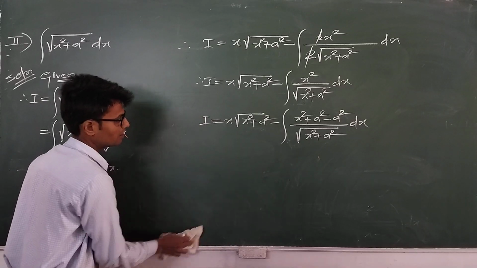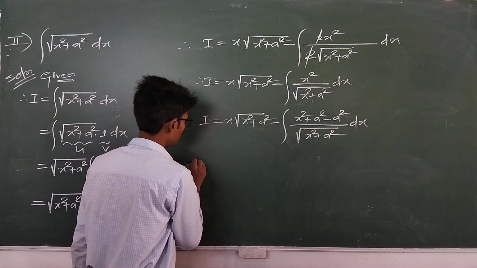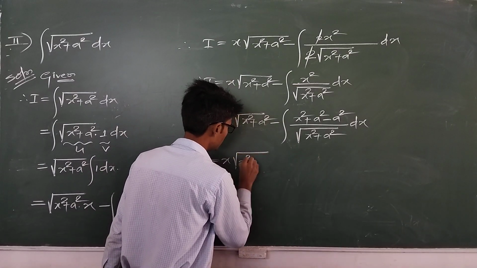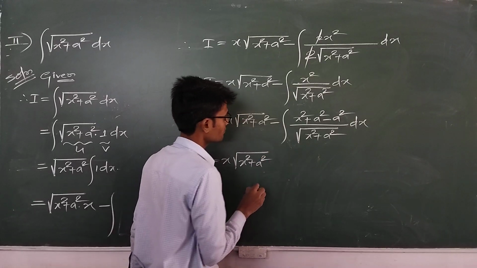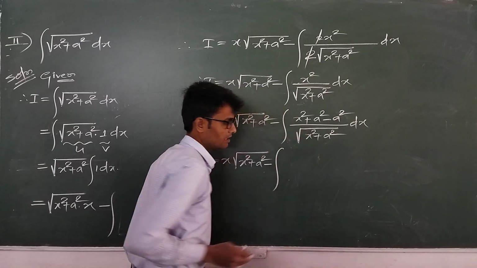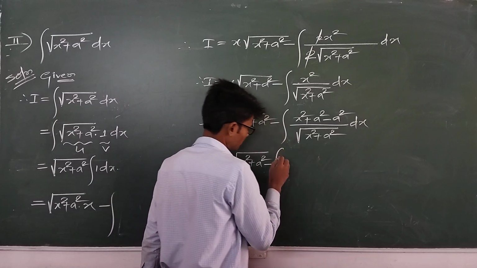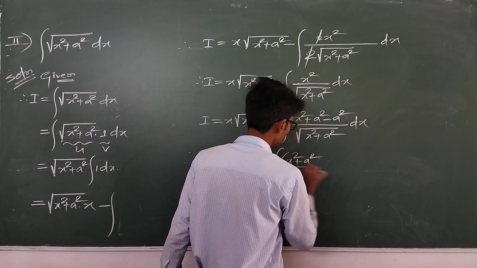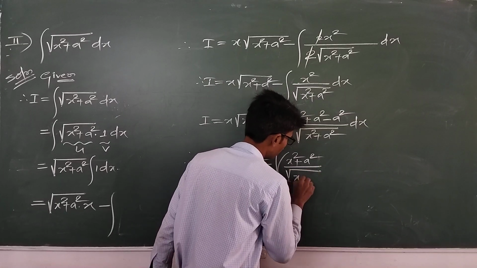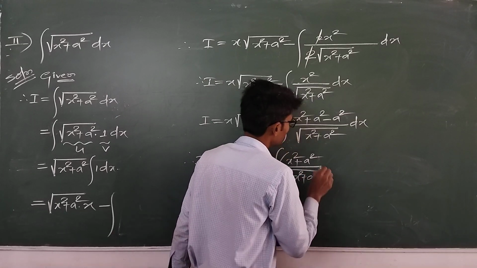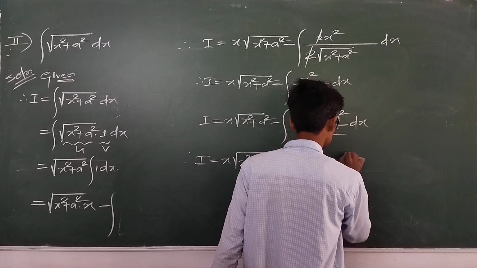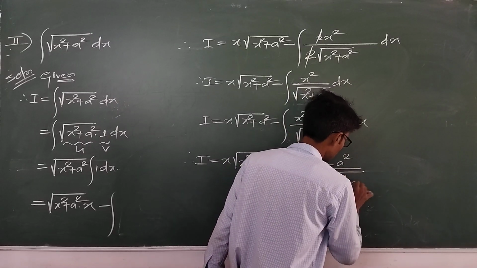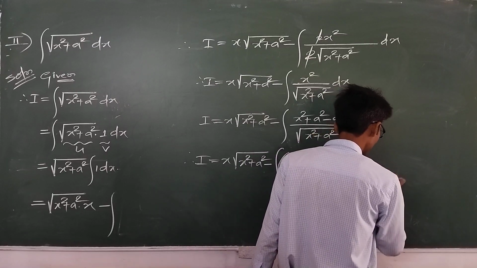So I is equal to x into square root of x square plus a square minus, and I'll write it in standard form. First I'll write x square plus a square divided by square root of x square plus a square, next minus a square divided by square root of x square plus a square, bracket complete, into dx.